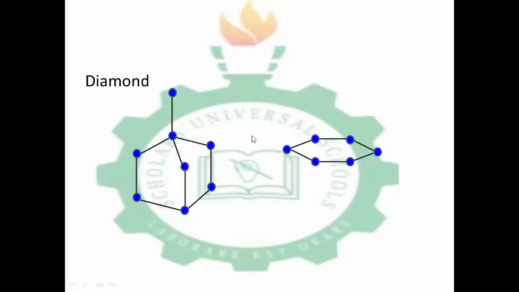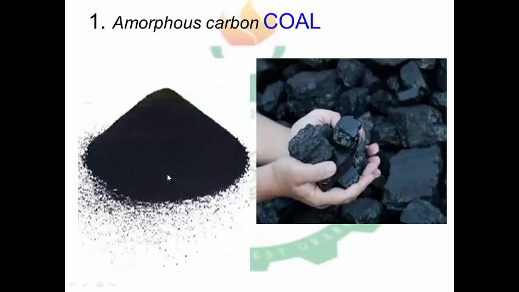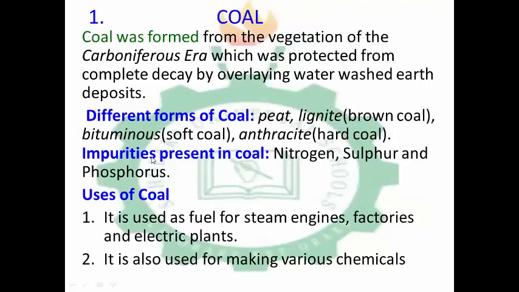This is the graphite and this is the diamond here. Now we can see the amorphous carbon, the coal, that which you call coal here. Can you see this coal? So you have coal here, and then you have some amorphous carbon here, which is the particle, which is in fact more of charcoal.